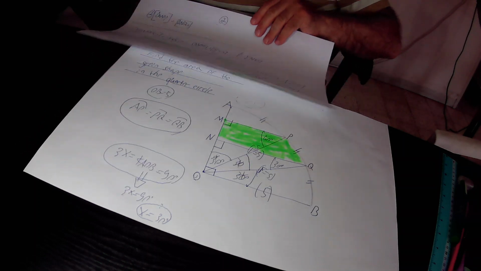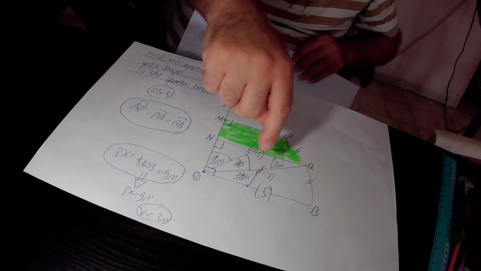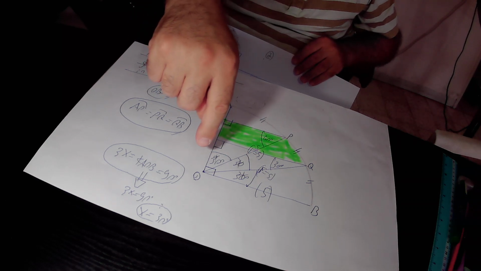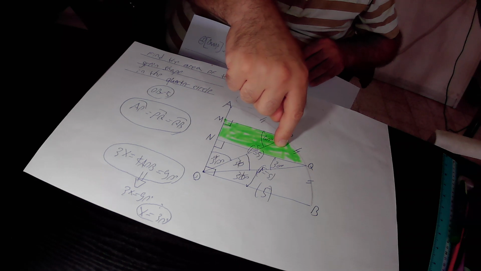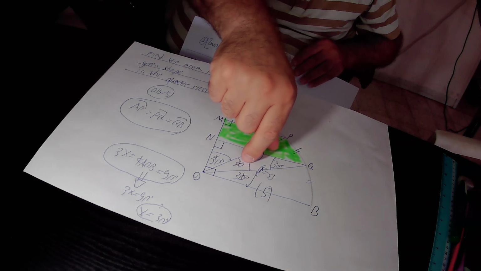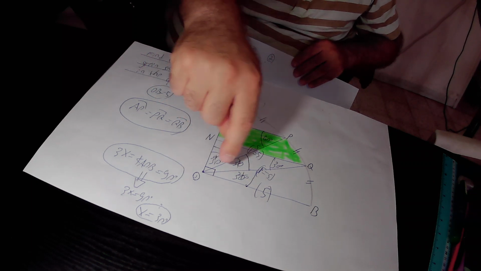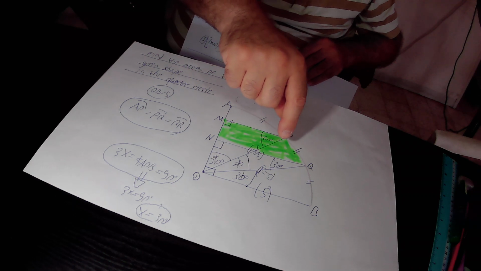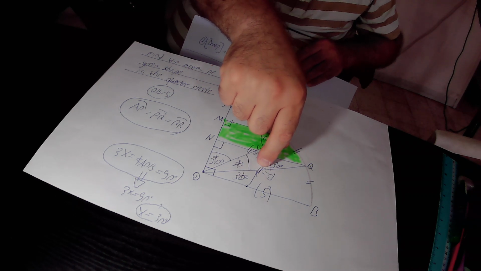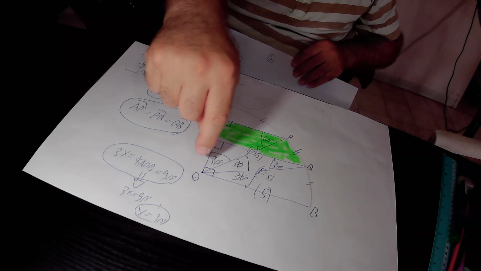So in total we found that the area of this green shape equals the area of this triangle QOS plus the area of this green shape PSQ. But the sum of the areas of those two components is equal exactly to the area of sector POQ.